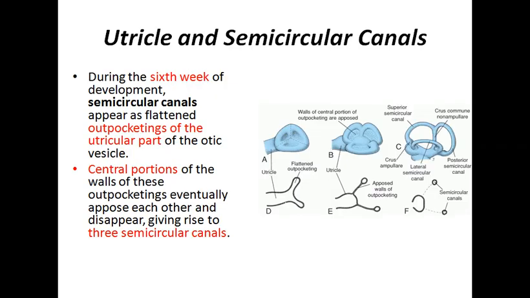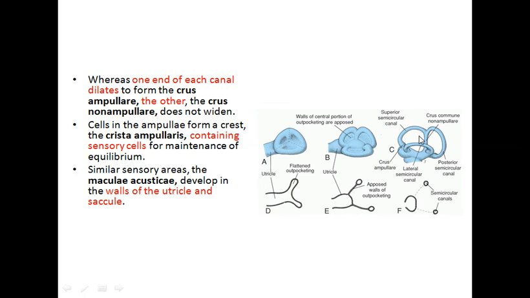Now we'll talk about the utricle and semicircular canals. During the sixth week of development, the semicircular canals will appear as flattened out pocketings. ठीक है, जो utricle part था उसका otic vesicle का, right? इस तरह से 3 outpocketings आएंगी। इनके जो outpocketings हैं उसमें central portions जो है इसका diminish होने लगेगा, and the time will come when this whole central portion is diminished and proper 3 semicircular canals are being formed.